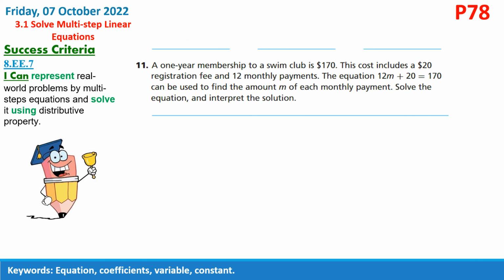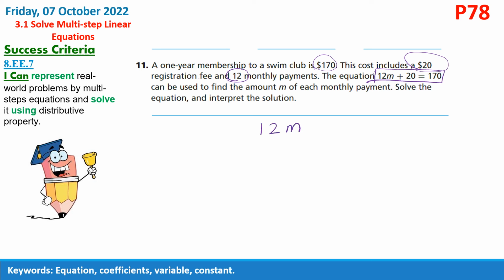A 1-year membership to a swim club is $170. This cost includes $20 registration fees and 12 monthly payments. The equation can be used to find the amount m of each monthly payment. So solve it and interpret.